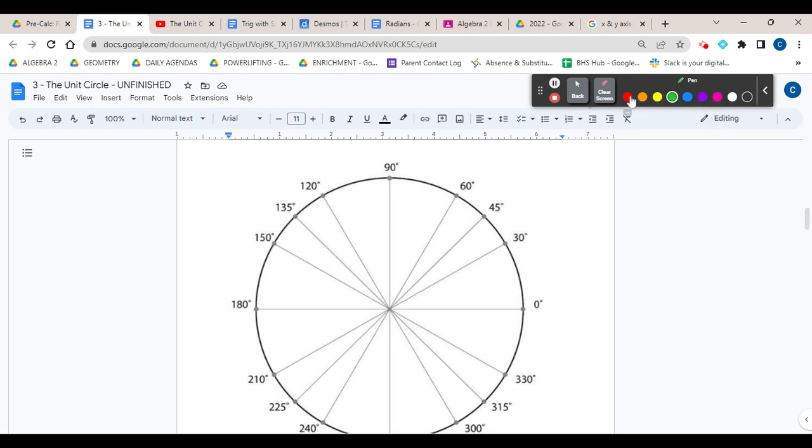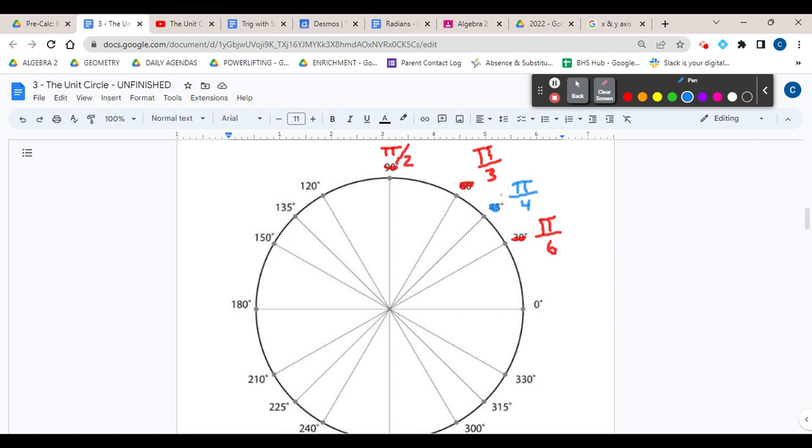So 30 degrees was pi over 6, and 60 degrees was pi over 3. 90 degrees was pi over 2, and then 45 degrees was pi over 4. Again, that's just converting the degrees to radians.